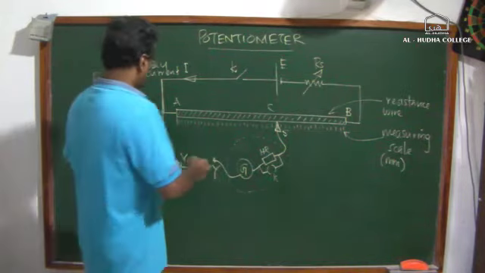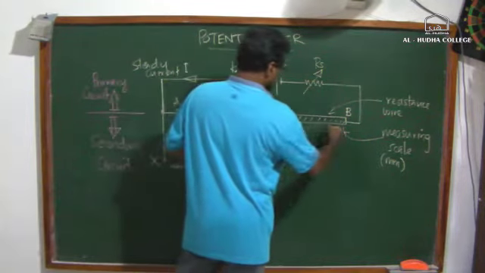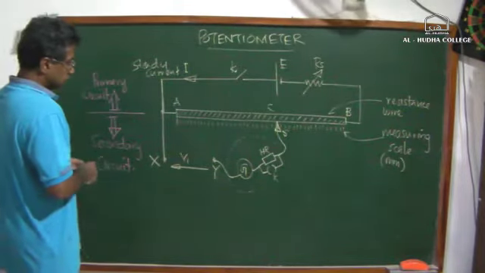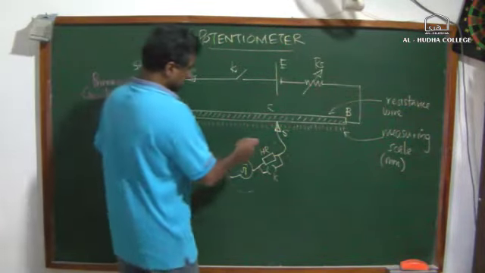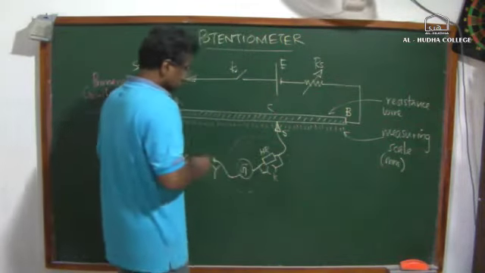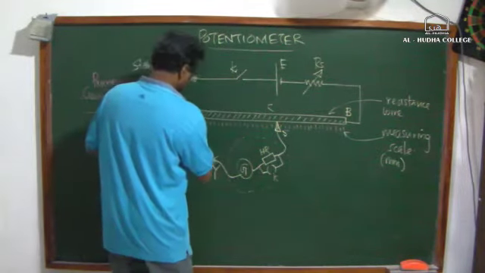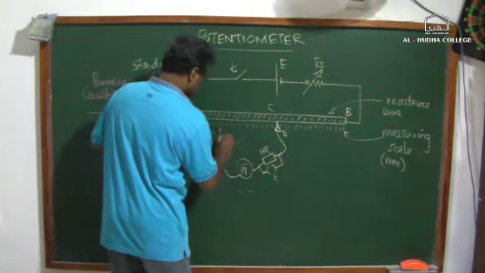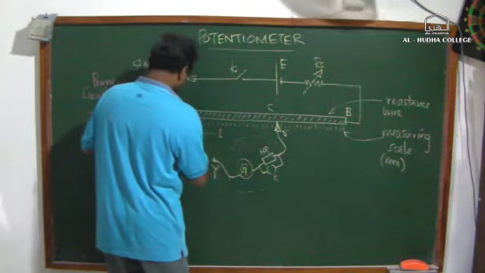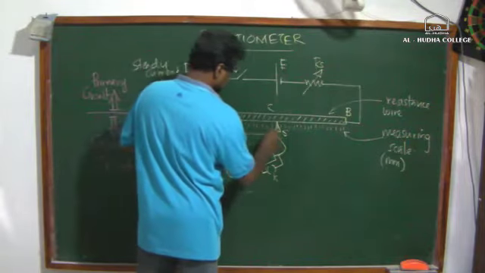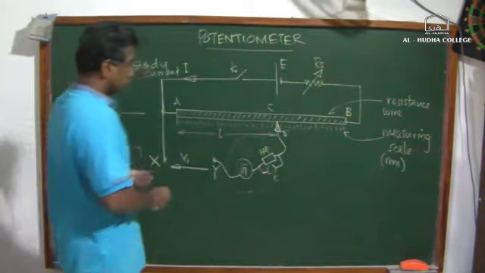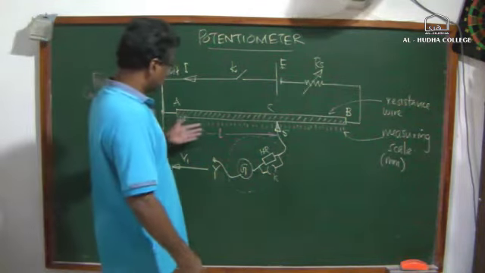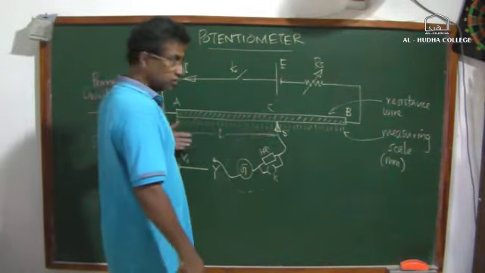And then you have the millimeter scale marking, so that you can find the position of the slider, so that this length, or the balance length, can be measured. We normally always bother to find the length on this side.